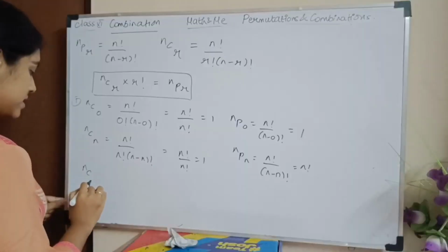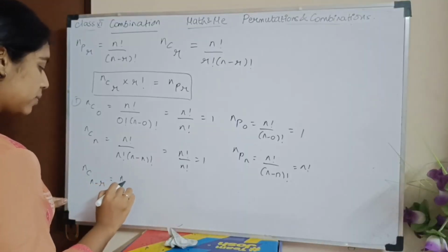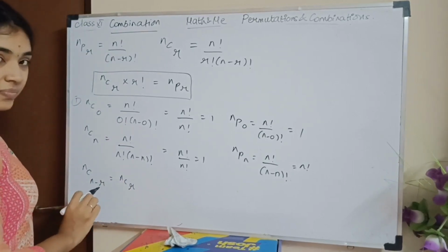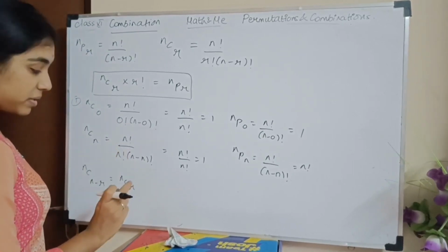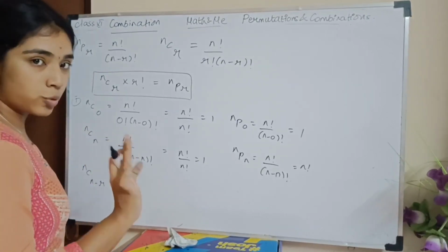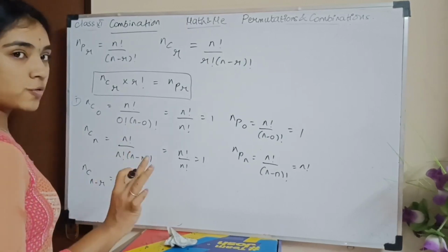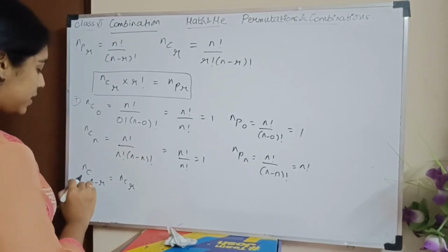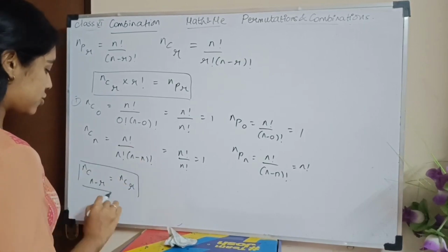Okay, nC n minus r equals nCr. So basically the combination of n minus r and the combination of r are equal. I am not going to get into the proofs. Please remember all this. The proofs are given in your NCERT textbook. Okay, so nC n minus r equals nCr. Remember this relation.